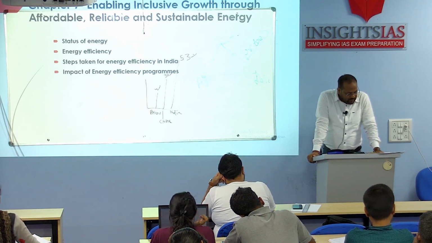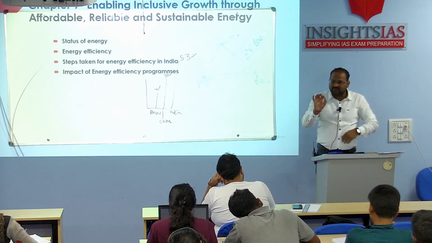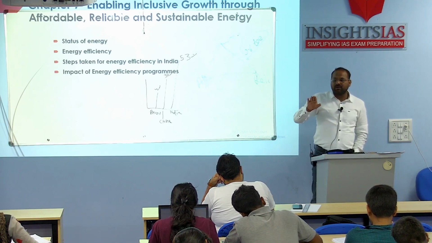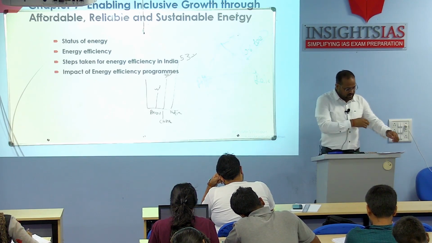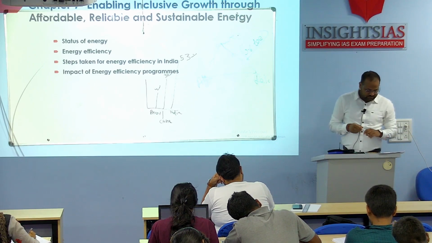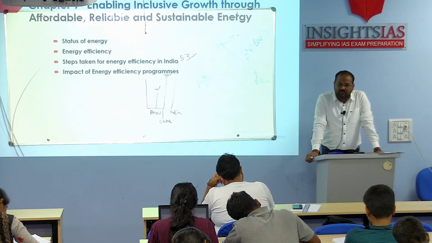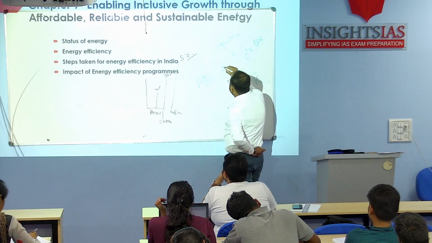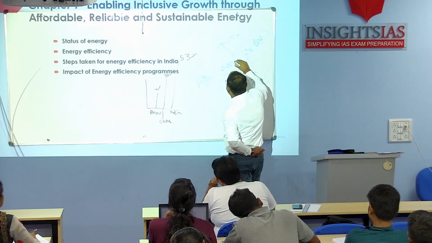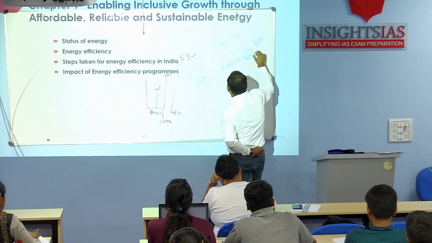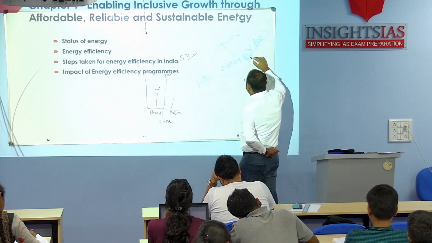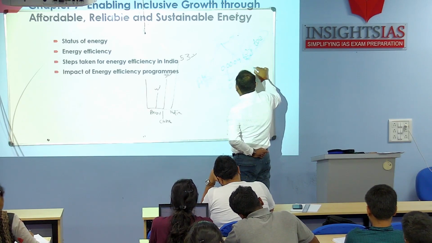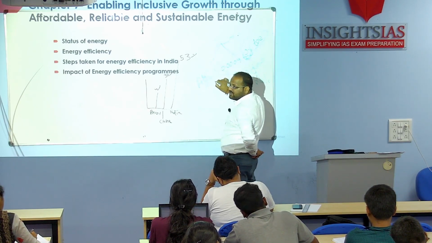But in recent years, the energy intensity of GDP of India has fallen. It is decreasing. The data is 0.004 TOE, tons of oil equivalent, in 1990, and it has reduced to 0.002 TOE in 2017. So this is the energy intensity of GDP.